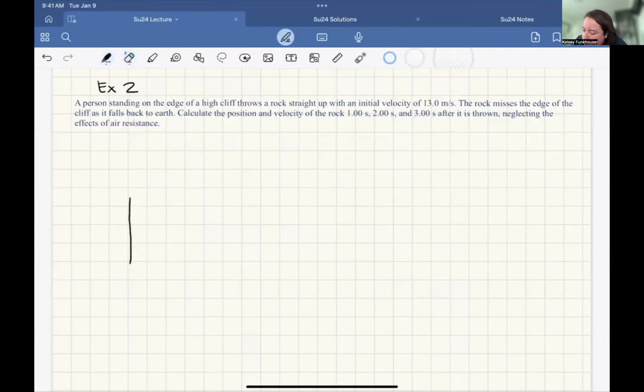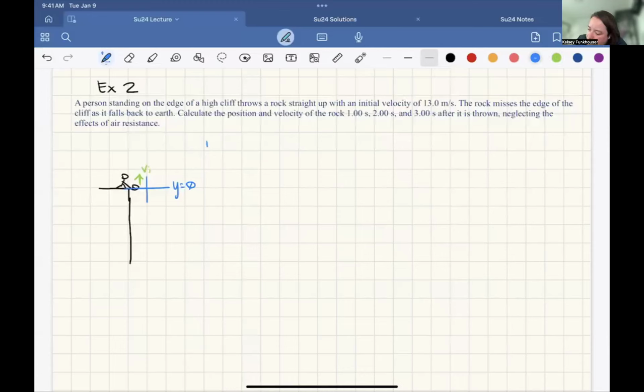Okay, so someone's going to throw it up with an initial velocity, but let's imagine that they throw it up from the cliff edge kind of height, so that we can use that as our y equals 0. So y equals 0 at that initial position. Oh, but we do have an initial velocity. Okay, I think that's all right for now.